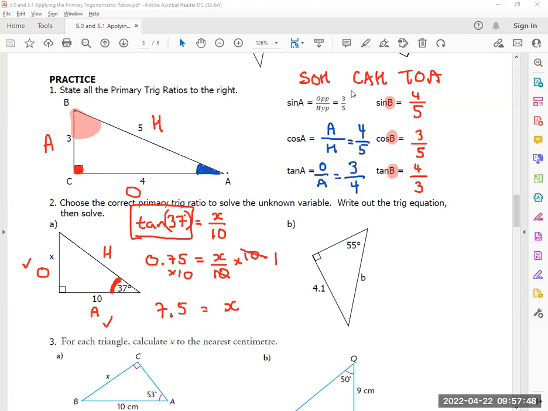All right, next one. I'm going to do blue. Okay, so here it is. I have an angle. It's a right angle triangle. I'm looking for a side. Step one is SOHCAHTOA. Go ahead and label it. This time I'll give you 10 seconds.